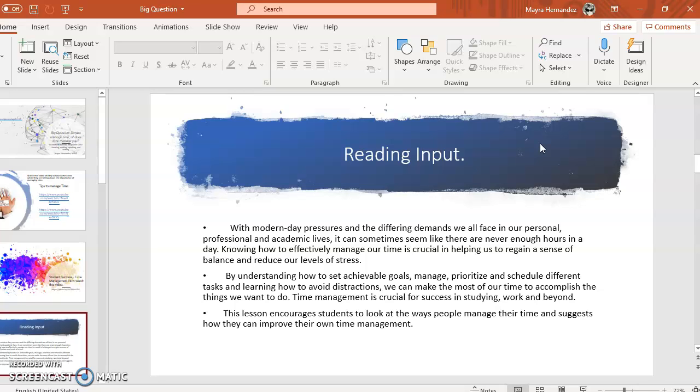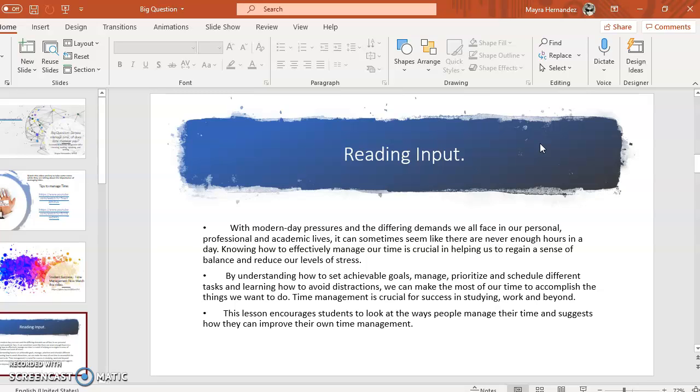And then how important it is to set achievable goals, to manage our time, to have priorities, to schedule the different tasks, to learn how to avoid distractions. In other words, how not to procrastinate. This is something that everybody does.